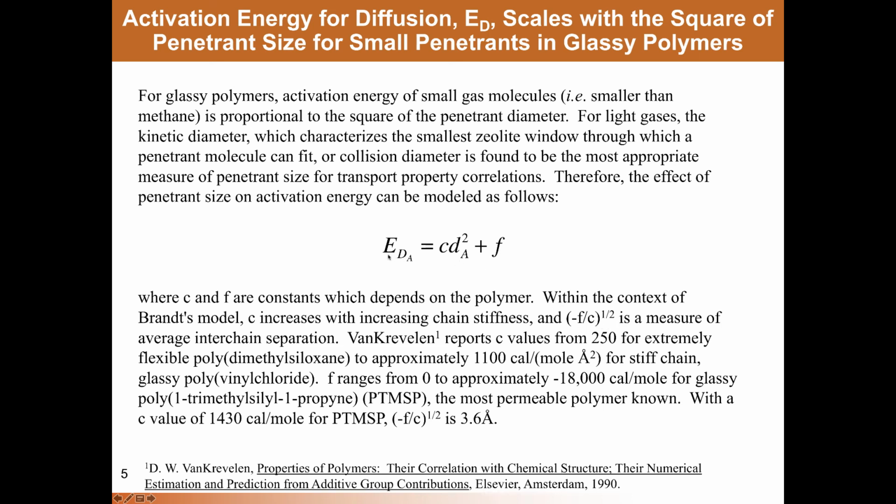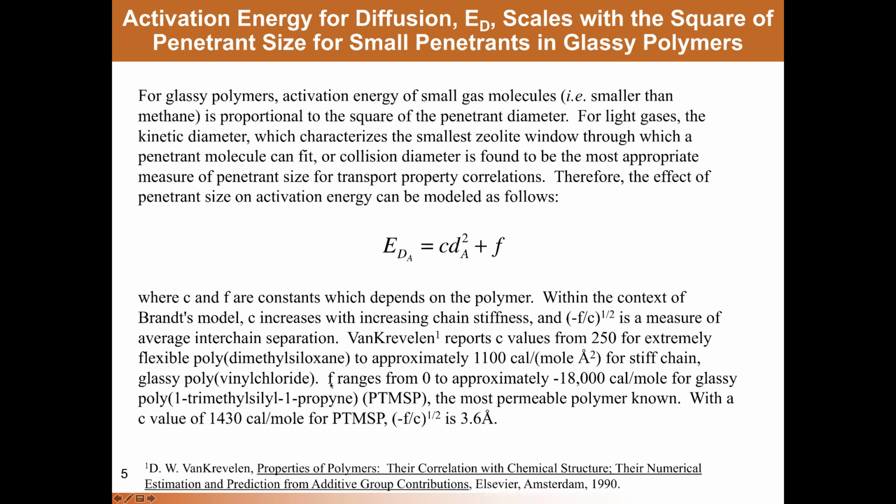Van Krevelen, which is a real Bible of correlations of polymer properties, reports values of C parameters for diffusion in a wide variety of polymers, and gives ranges of them being around 250 in these units for something that's very flexible, up to about 1100 for glassy polyvinyl chloride, which is a rigid material.